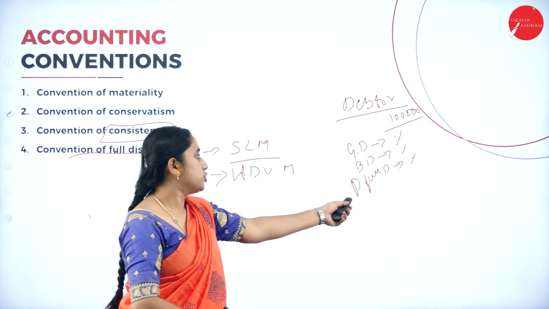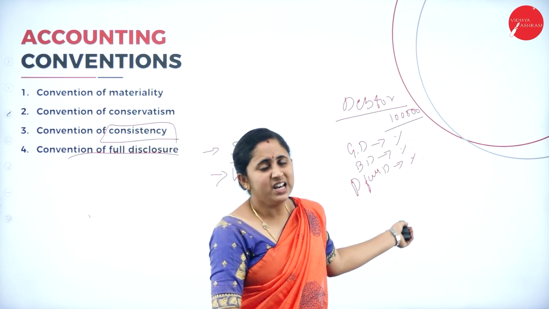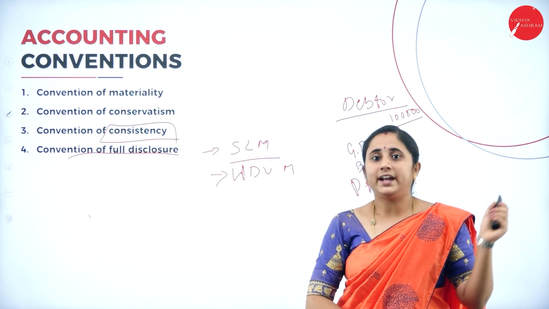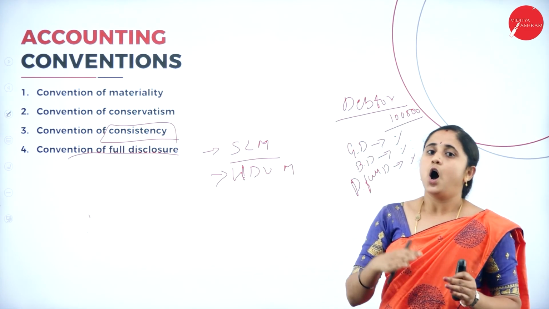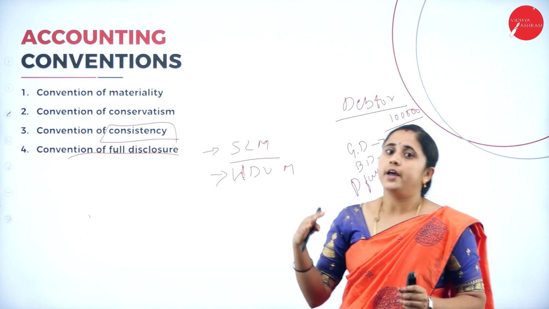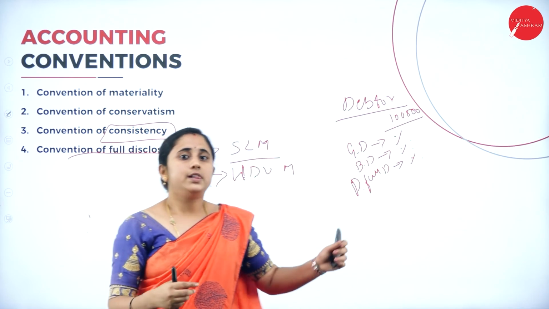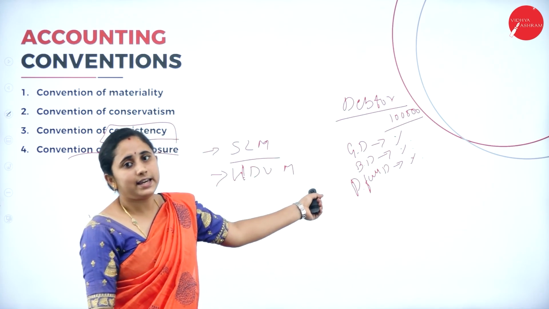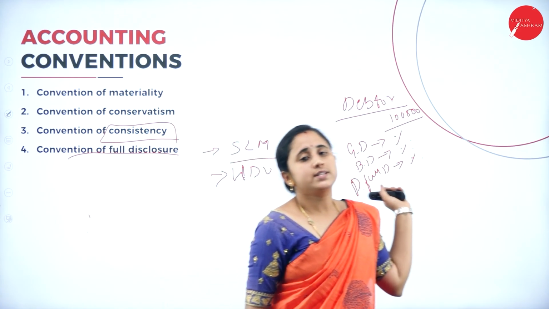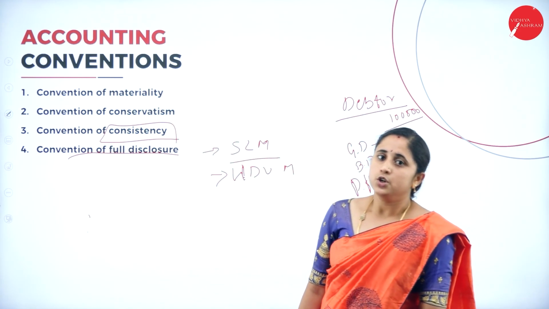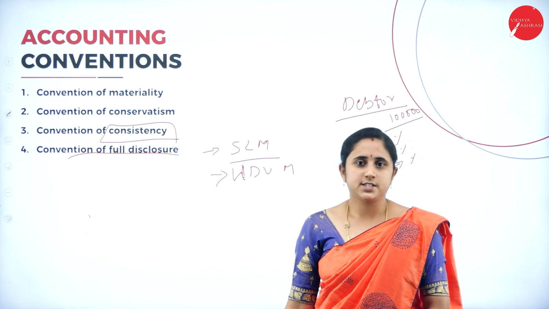This also should be mentioned in your financial statement, so that the investors get to know how much is good, bad and doubtful debt. All the information can easily reach the investors and whoever needs it. So, this is the convention of full disclosure.